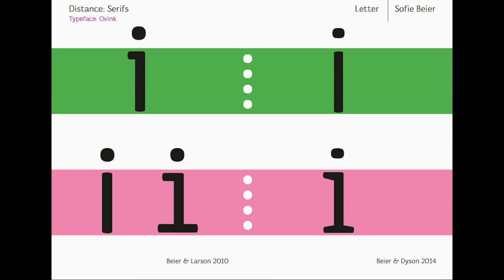So we went back to look at the previous paper where we also looked at similar variations of the I. And in this case, we have 3 different versions. And here, the I with only a serif on the top performed better than the I without serifs and the I with serifs at both top and bottom. And over there, that was the study with all the serifs.